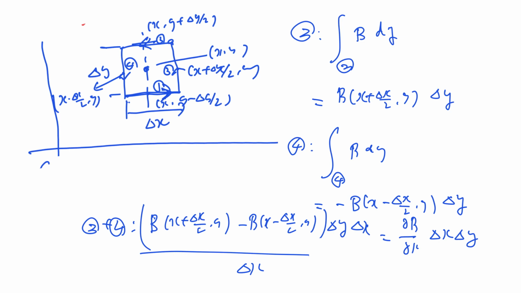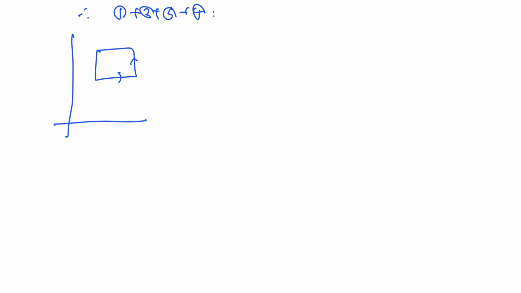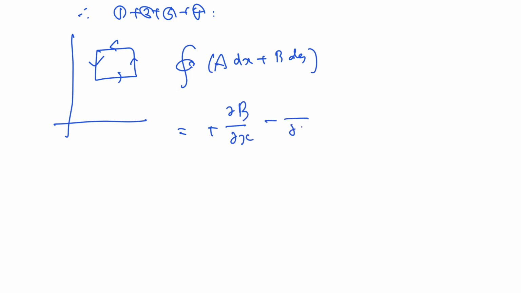So therefore, 1 plus 2 plus 3 plus 4, that is the small integration over this, is partial b over partial x minus partial a over partial y, times delta x delta y.